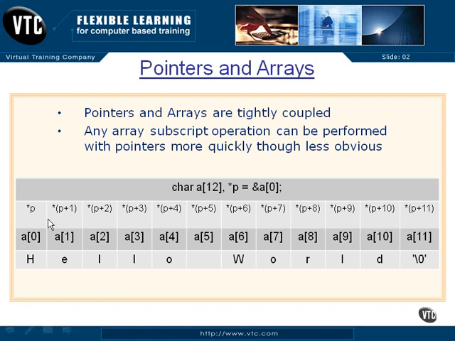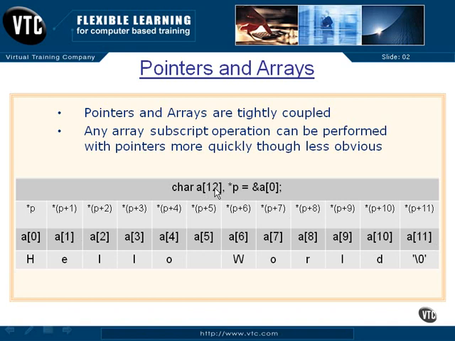Here we have an example of a character array that is 12 positions long, 0 through 11, 12 characters. Right next to it, we're also going to create, this is a standard C statement, an expression.